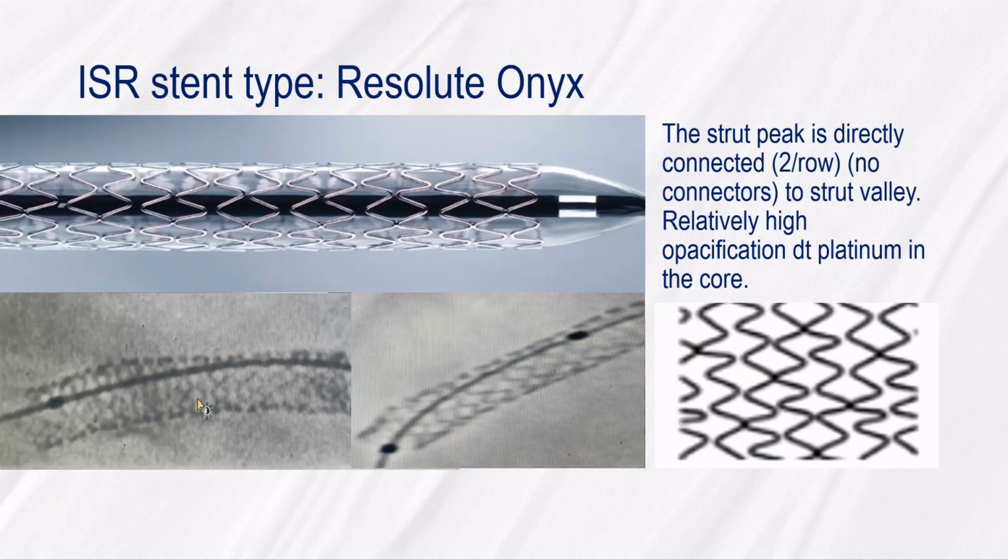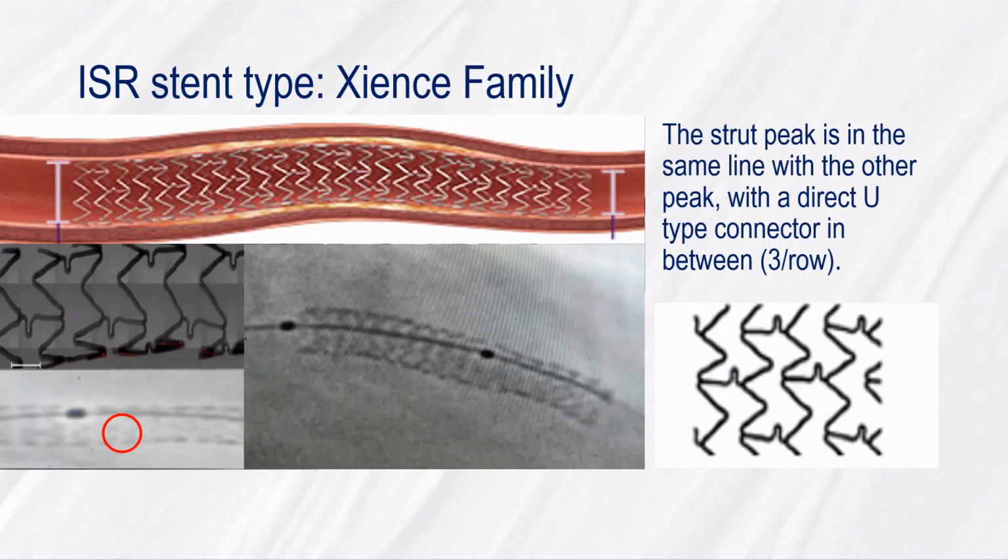In cases of Resolute Onyx stents, the strut peak is directly connected twice per row with no connectors to the strut valley, with relatively high opacification due to platinum in the core. While in the Xience family, the strut peak is in the same line with the other peak, with a direct U-type connector in between, 3 per row.